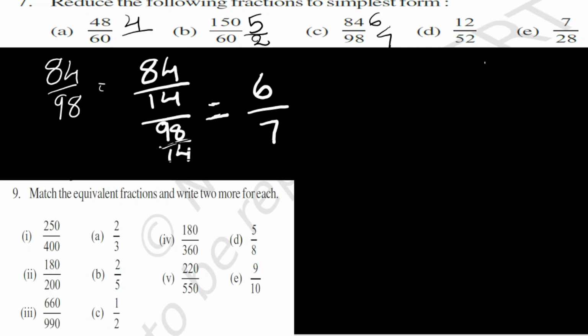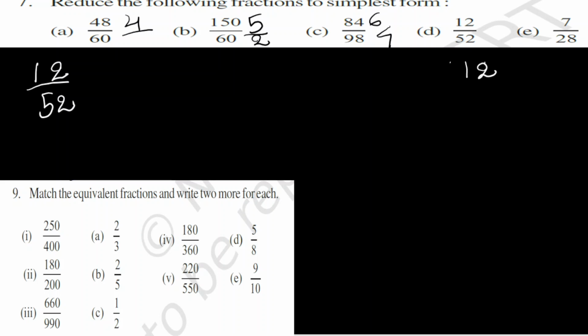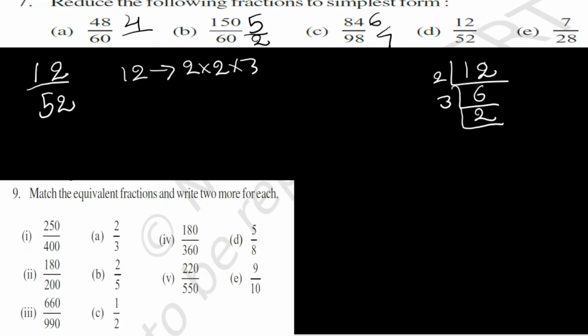Now let's take another example. 12 by 52. Let's factorize this. First we need to find out the HCF and then divide it with the HCF. Let's factorize 12. 2 into 6, 3 into 2. And this 12 can be expressed as 2 into 2 into 3.